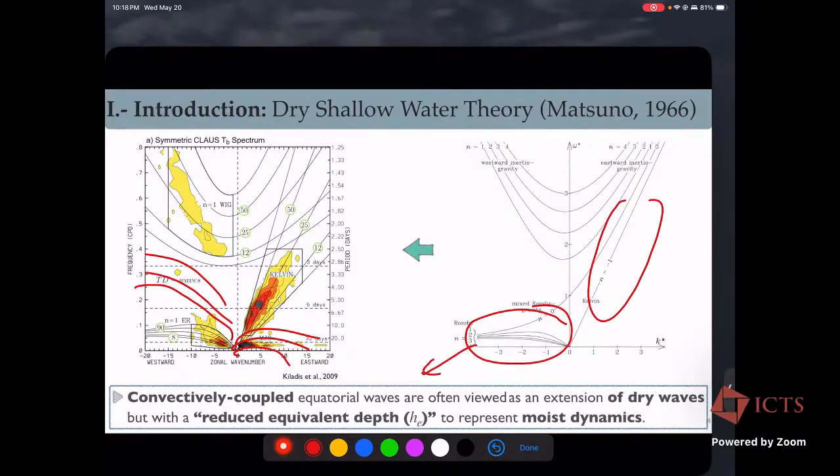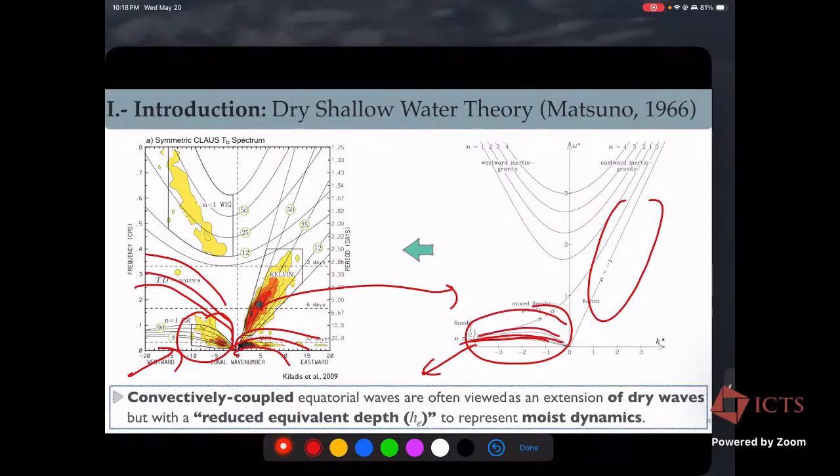But it's not totally correct to assume that the observed equatorial Rossby waves correspond to the equatorial Rossby wave from the dry Chavez theory, just because it follows these dispersion curves.